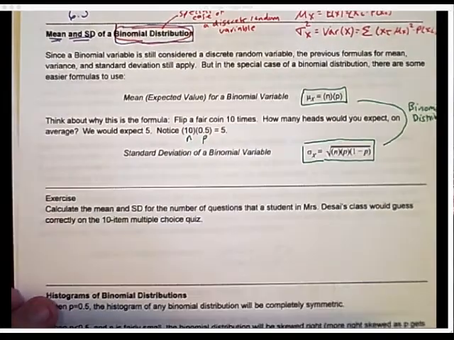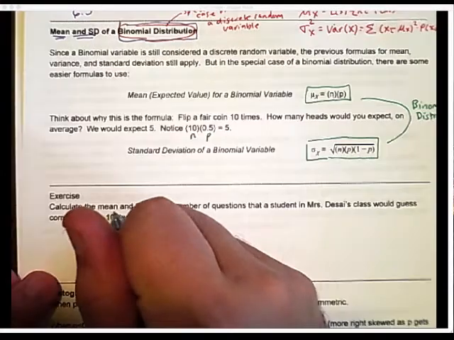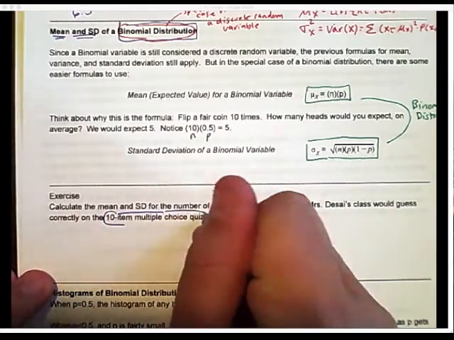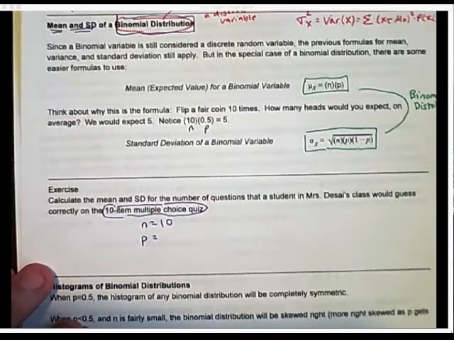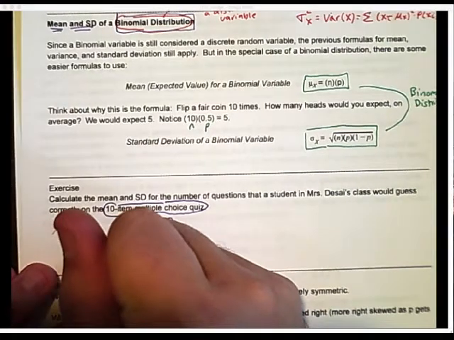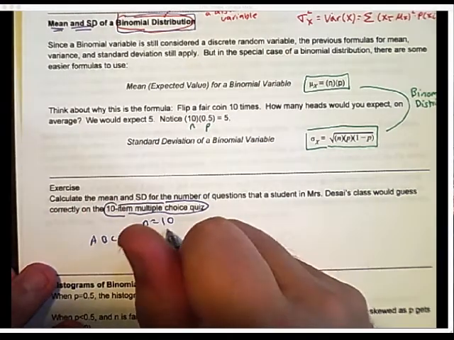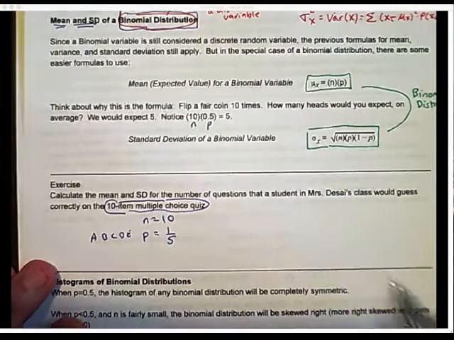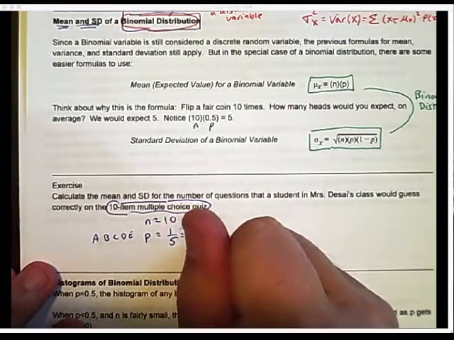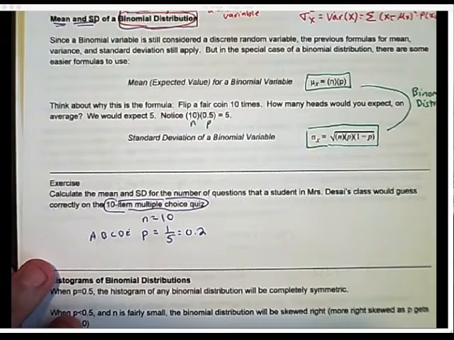She had a 10-item multiple choice quiz, so n equals 10. And the probability, if the student's guessing, remember the choices were A, B, C, D, E on each question. So the chance someone would get a question right just by guessing is 1/5, which as a decimal is 2/10, or 0.2.